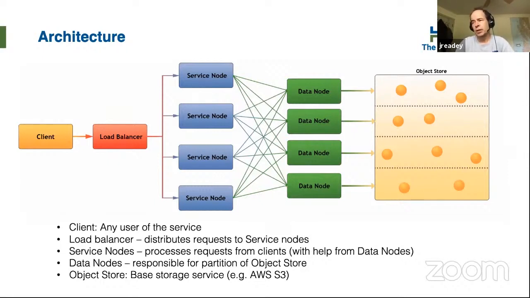A request from the client would typically go through a load balancer and wind up on one of these service nodes. The service node can determine which data node or nodes are needed to service a particular request. So the service node multiplexes these requests to data nodes, and the data nodes can read or write to a storage system.